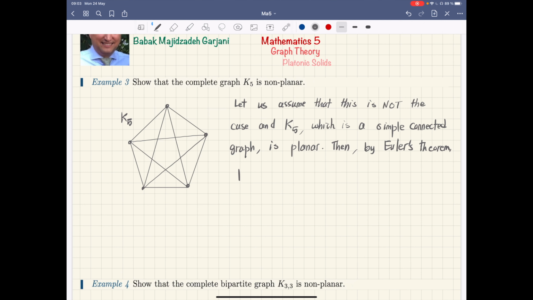what should we have? We should have P minus Q plus R is equal to 2. Yes? Where R is the number of regions of any planar embedding of K5.